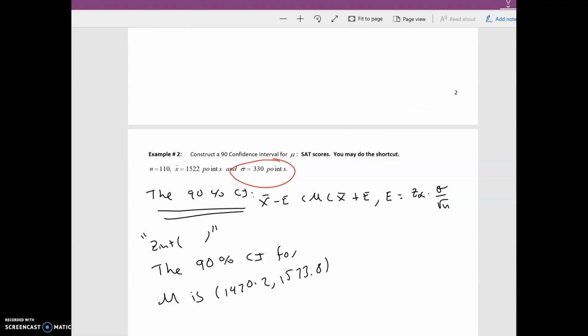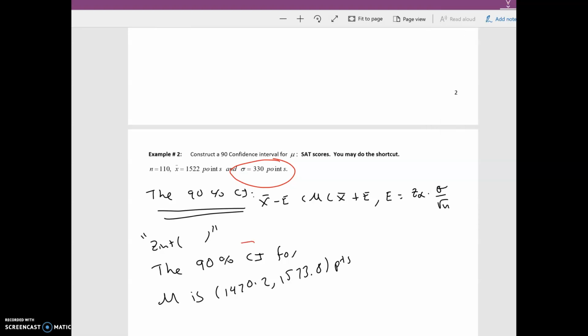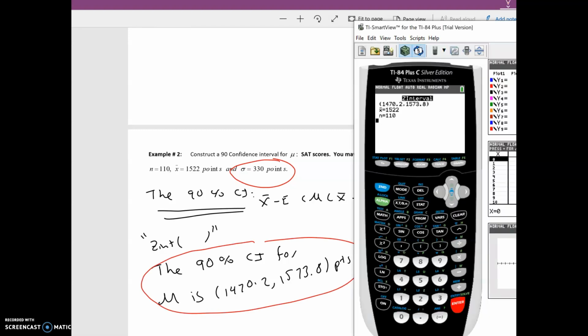And since it's SATs, we're just going to talk about points. So that's going to be our final answer. Obviously, if you're doing this, I want to see the code. So you're writing out that this is a Z interval, and all the values that you inputted go here.